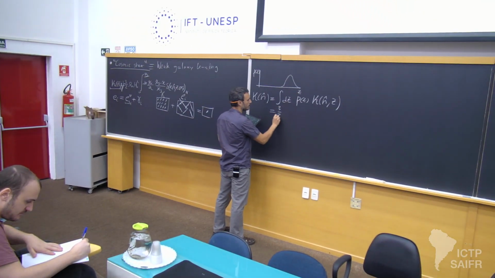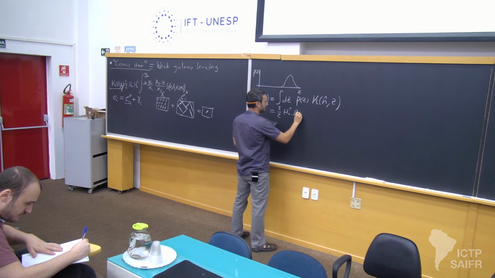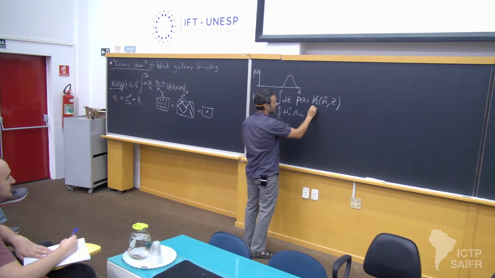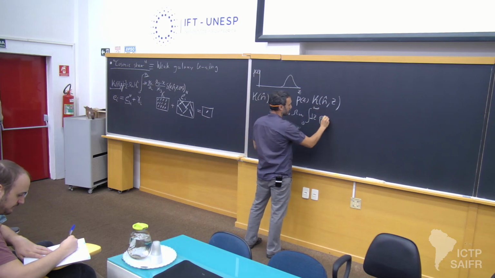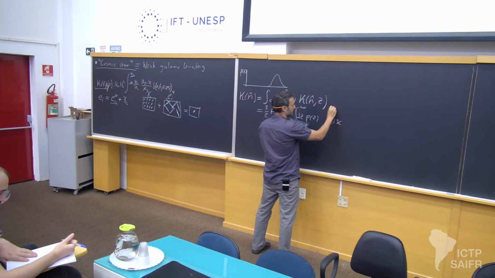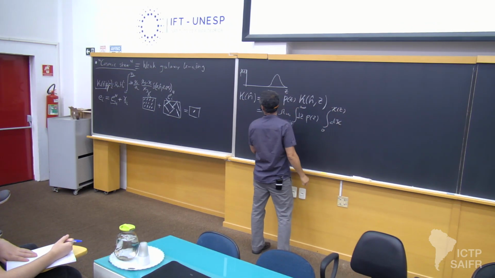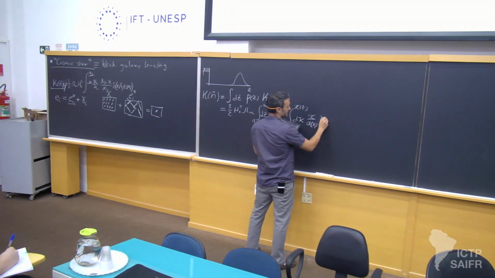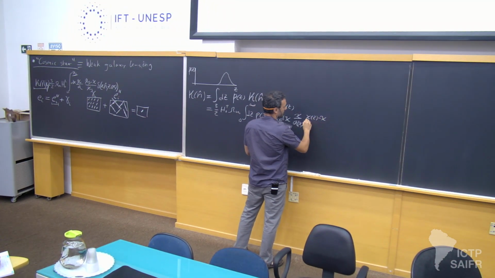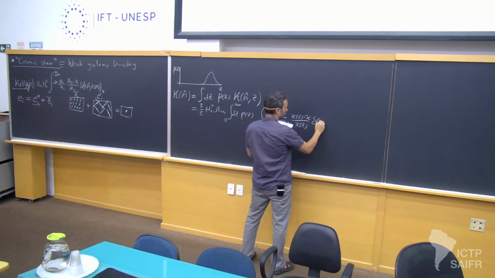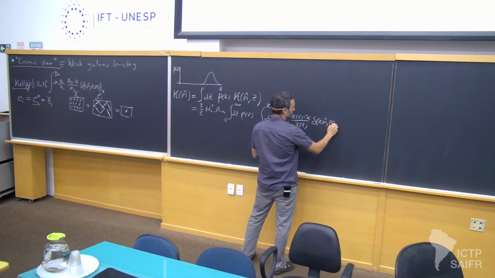We get 3/2 H naught squared Omega m times an integral from 0 to infinity dz P of z times an integral d chi from 0 to chi of z of chi divided by the scale factor at that value of chi times chi of z minus chi divided by chi of z, and then times delta of chi n z of chi.